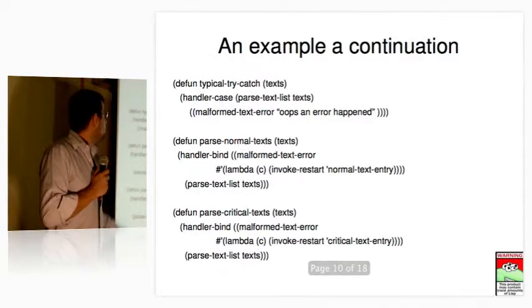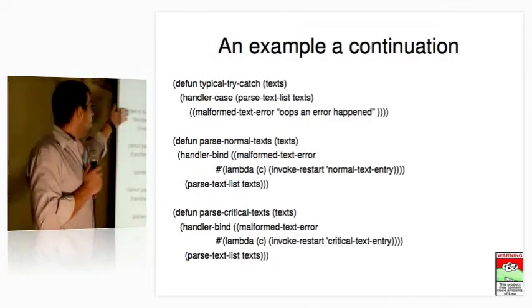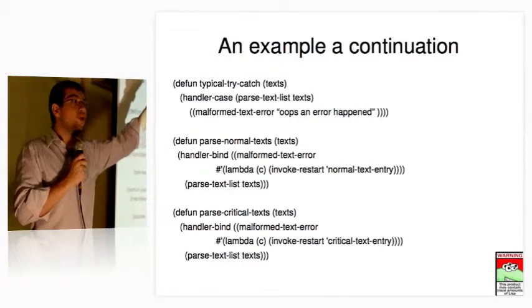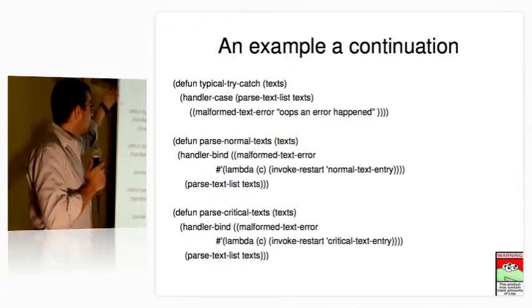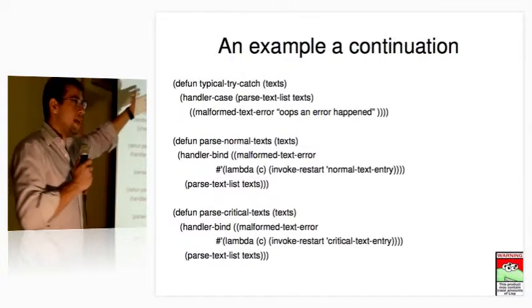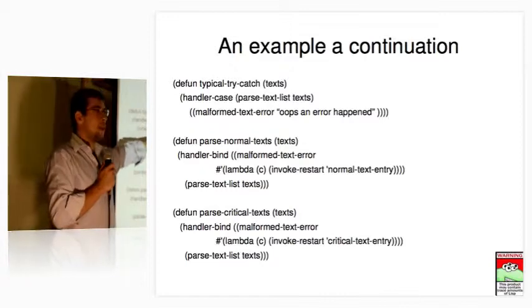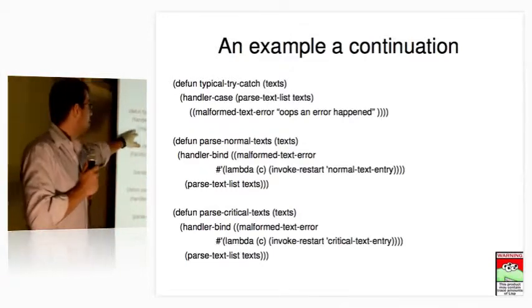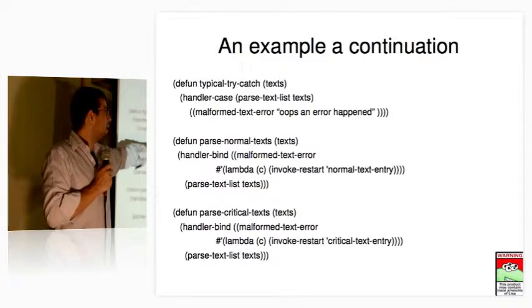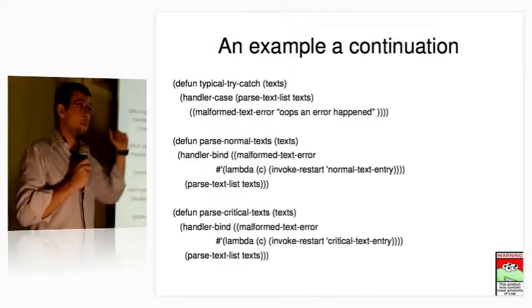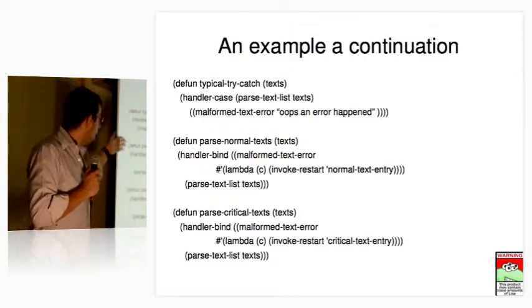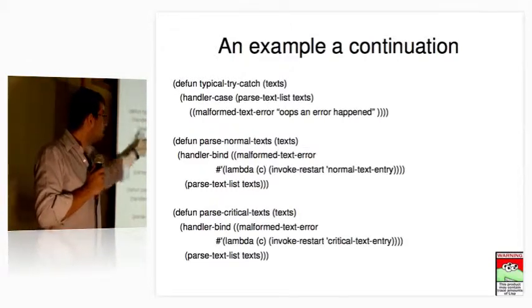OK, so let me explain it. In a typical try-catch, the ones that you know, you would say simply handler case. This is the body of your try. And your catch is, if it's malformed text error, print, oops, an error happened. I'm going to define parse normal text.